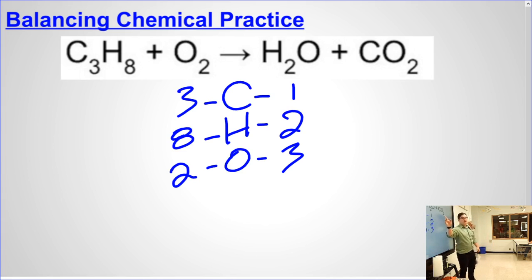It's because the number of atoms on both sides are not the same. Why would you need to do this though? If it's an actual chemical reaction, wouldn't it have the same atoms no matter what? This is an unbalanced chemical reaction. The ratios are not right of how much is going in versus how much is coming out. The law of conservation of mass says the number of atoms in equals the number of atoms out. You can't break atoms, so that could never actually happen. This is unbalanced, and then we're going to predict what really happens.